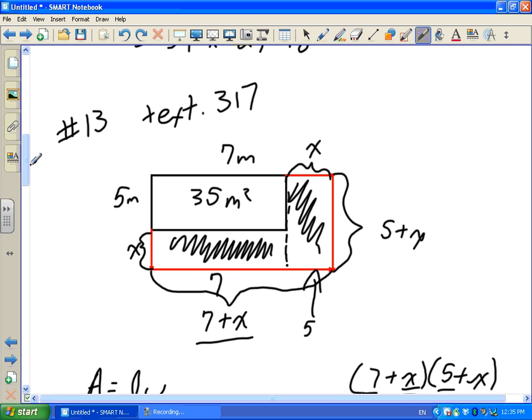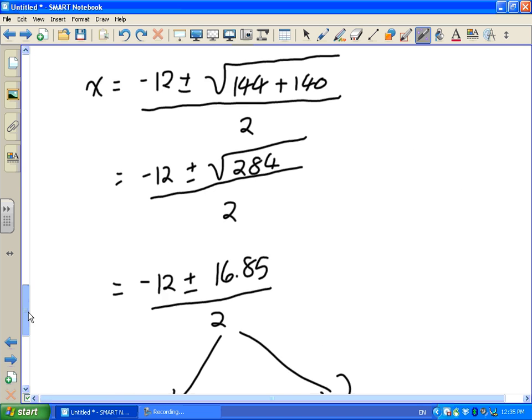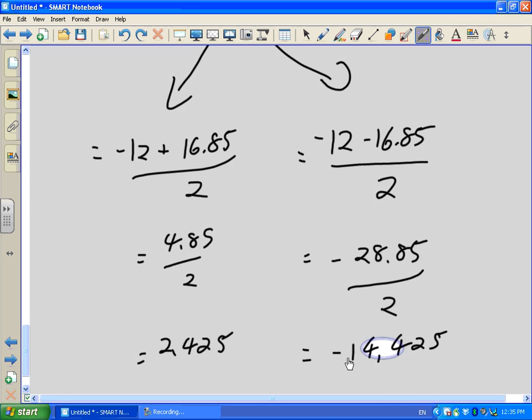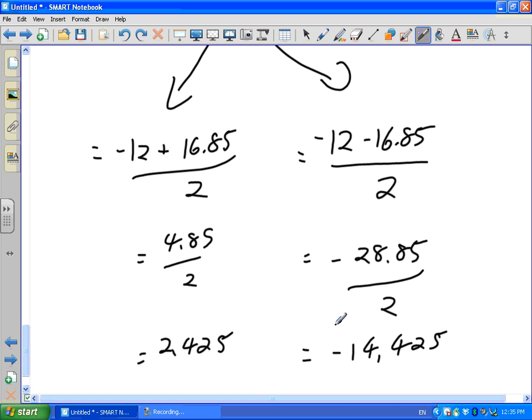Can I make a fence negative 14 longer? No. In other words, if I was to make 7 meters negative 14 longer, I'd have negative 7 meters, and I'd also have negative 9 meters of fencing. That makes no sense. So what that means is this one is an illogical answer.